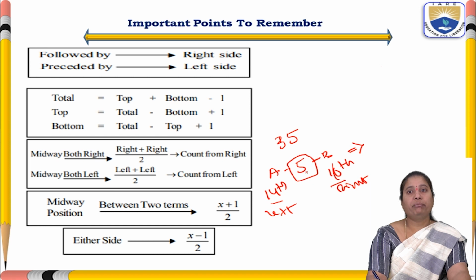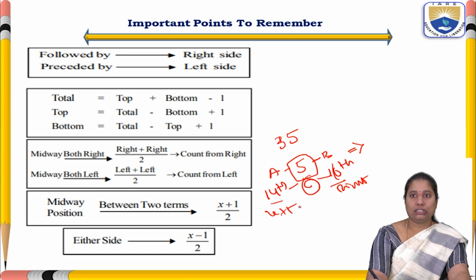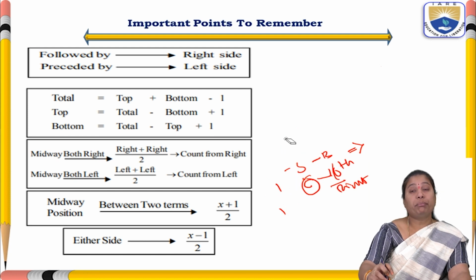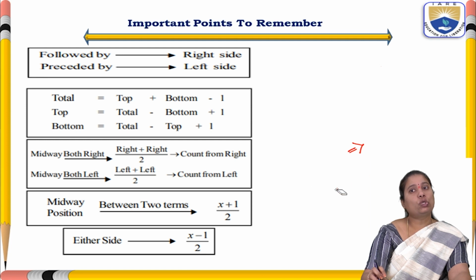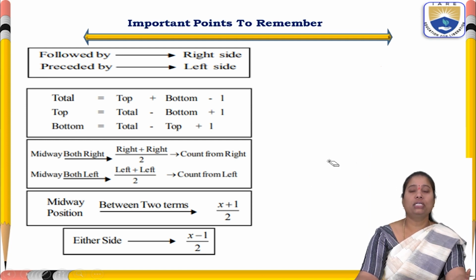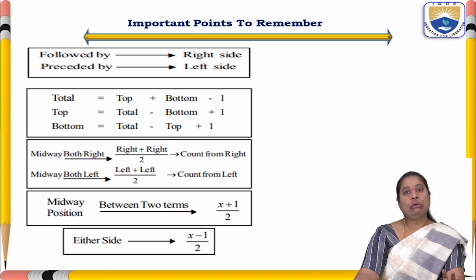Whereas in the midway, 5 people on this side, in the middle is this person C. If it is there, then we can easily calculate that. So first of all, to calculate the midway, the total strength is required. If the total strength is not given, at least any one person's right position and that same person's left position should be known. Then only is it easy for us to calculate the midway.